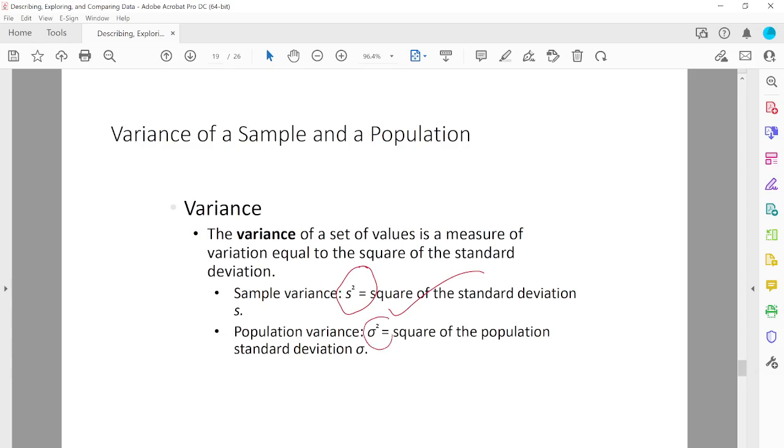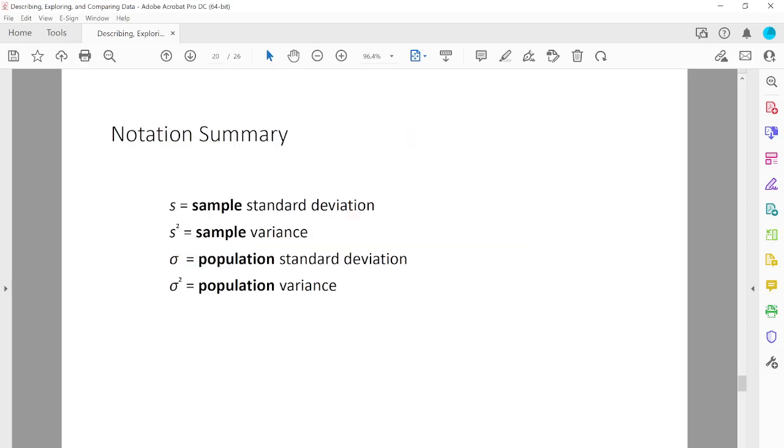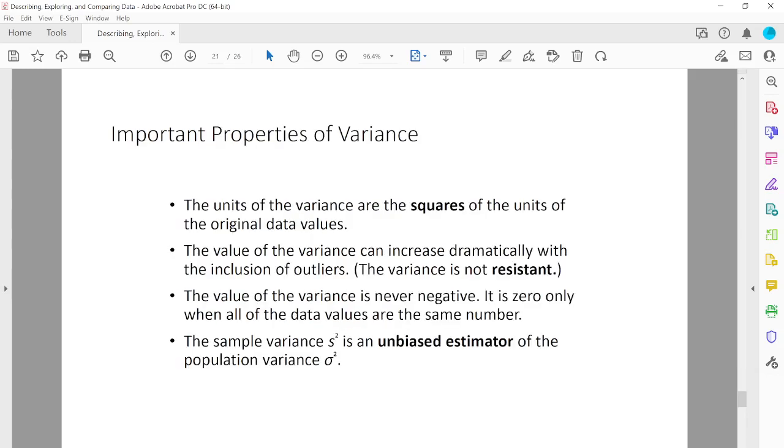And then this one, which is the square of the standard deviation for the population, gives the population variance. So this is another way of measuring the variation. This is the sample standard deviation, the square of that is the sample variance. This is the population standard deviation, and this is the population variance.